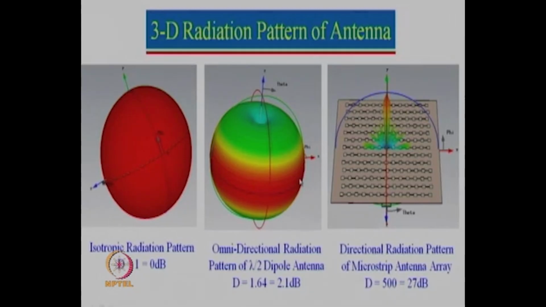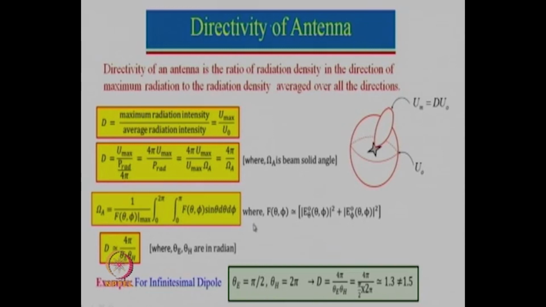If we assume this approximately as a sine function, then we know that at sine 45 it will be 1 by square root 2. So, 45 plus 45, that is plus and minus 45, will give us 90 degrees, which is equal to pi by 2. And it is an omnidirectional pattern, so in the H plane the beam width is 360 degrees or 2 pi.